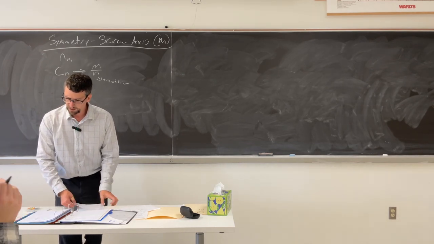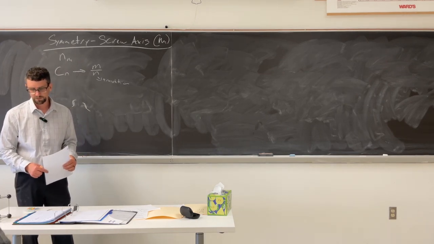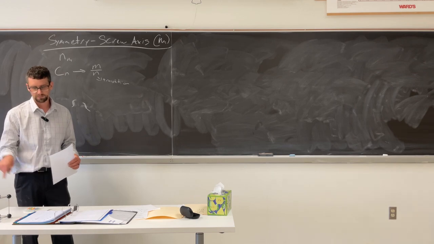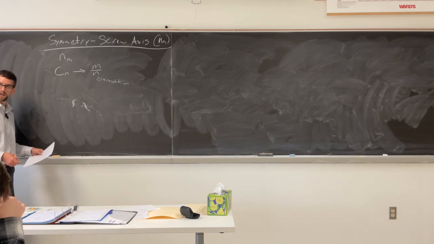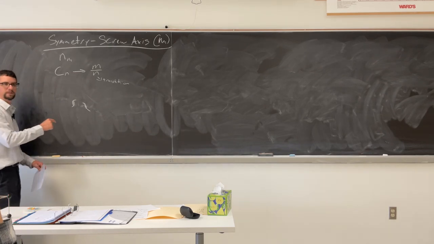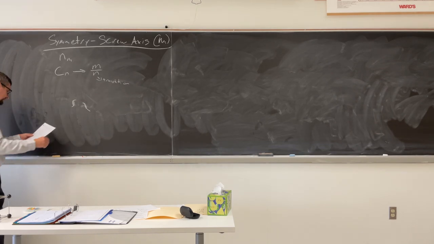Which way do we want to rotate? Counterclockwise is convention, I believe. So beyond a 2-1, these don't really matter because we're rotating 180 degrees. But for the other screw axes, they do matter.